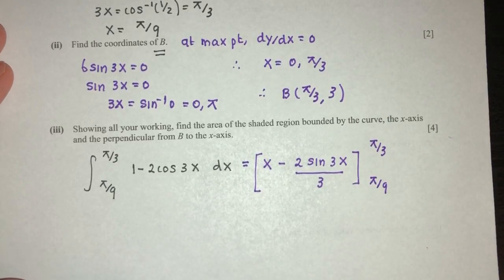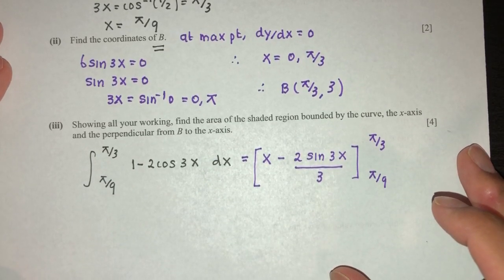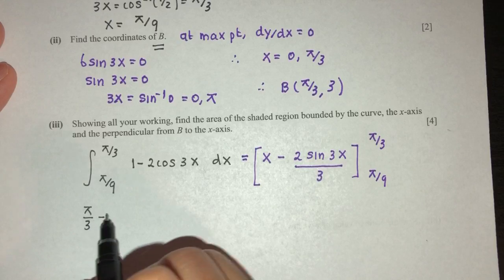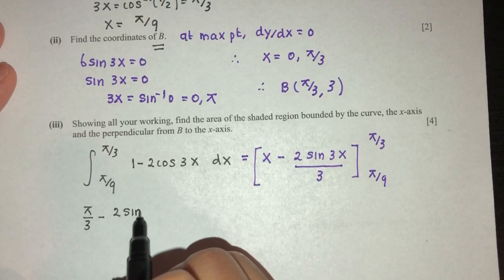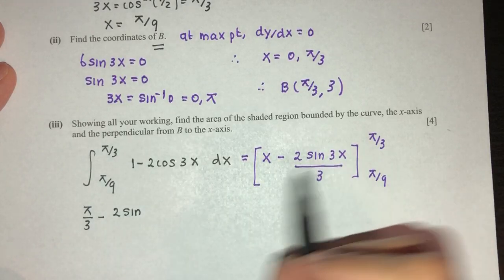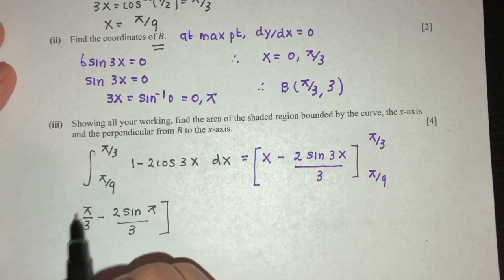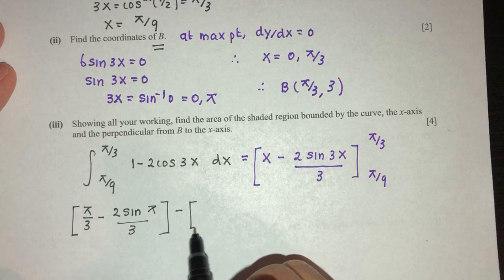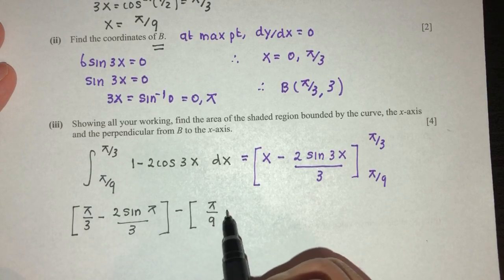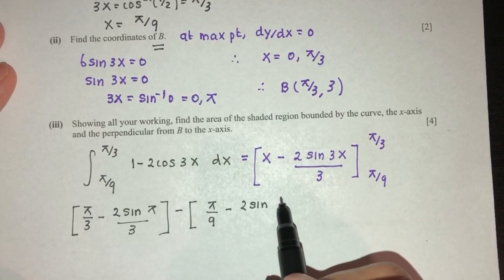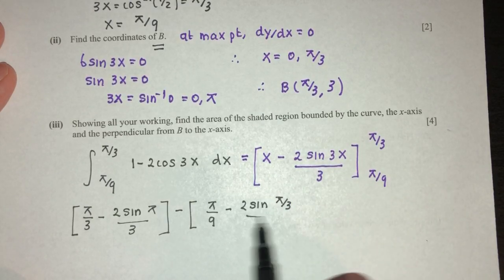Now step by step, let's replace those values in your equation. So for the first one is pi by 3 minus 2 sine pi by 3 times 3, that is pi over 3. And then all this minus pi by 9 minus 2 sine 3 times pi by 3 over 3.